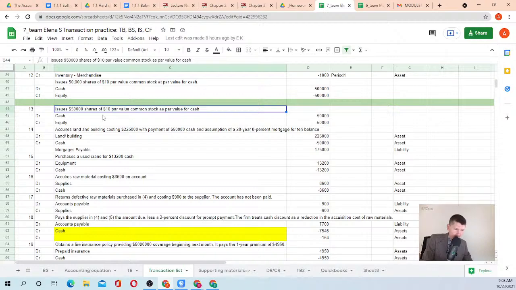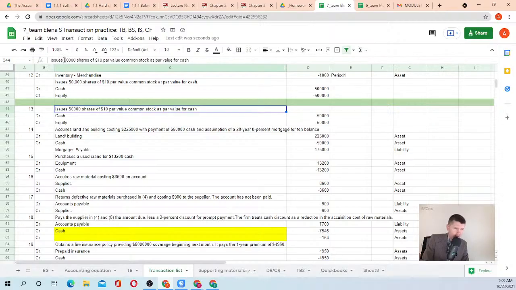Okay, so we issued 50,000 shares of $10 per share. I need to adjust that, sorry. So we issued a natural quantity, just a quantity, 50,000, not $50,000.